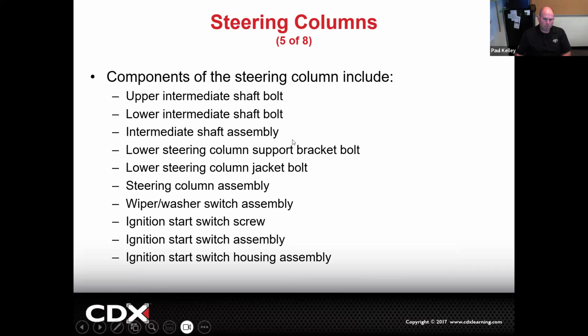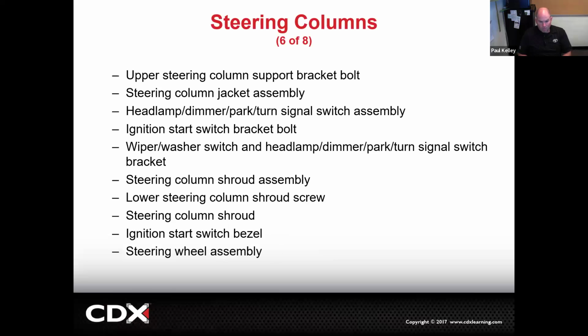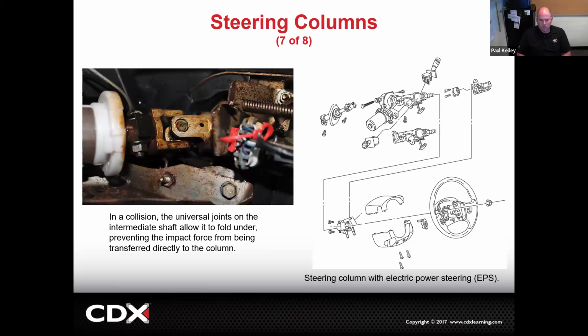All right, so there's quite a few parts. I don't go crazy on the parts, but just note, we could be talking about doing a wiper switch. If you need to do a wiper switch, you're basically doing steering column work and it gets a little tricky. If you're going to be doing any of this type of work, or let's say an airbag, there's a chance you might actually have to disable the airbag system. So there's tons of parts on there, including ignition switch, all sorts of stuff, right? And then there's a little zoomed in one.